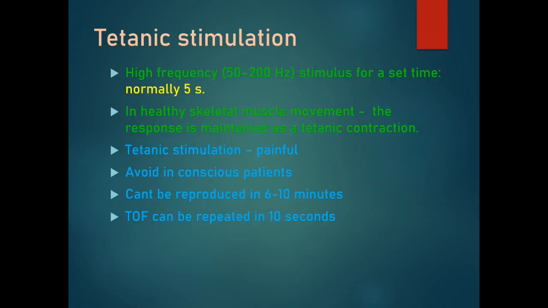Usually tetanic stimulation is quite painful, so please avoid it in conscious patients. It should not be repeated in less than 6 to 10 minutes, whereas a train of four can be repeated in less than 10 seconds. So this is the difference. When do you apply a tetanic stimulation? We'll look into it.